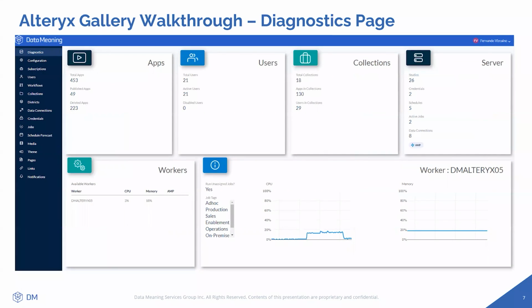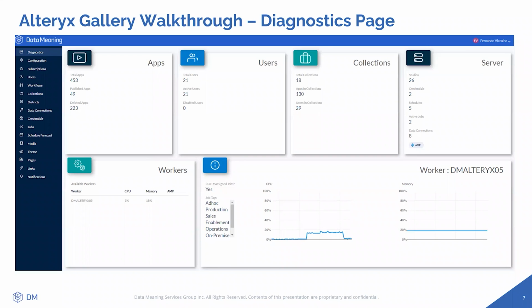So let's start off by accessing the admin area for the gallery. If you are what we call a curator, that means that you're the gallery admin and you're going to have access to this area that I have in this screenshot. This is the first page that you see, the diagnostics page.